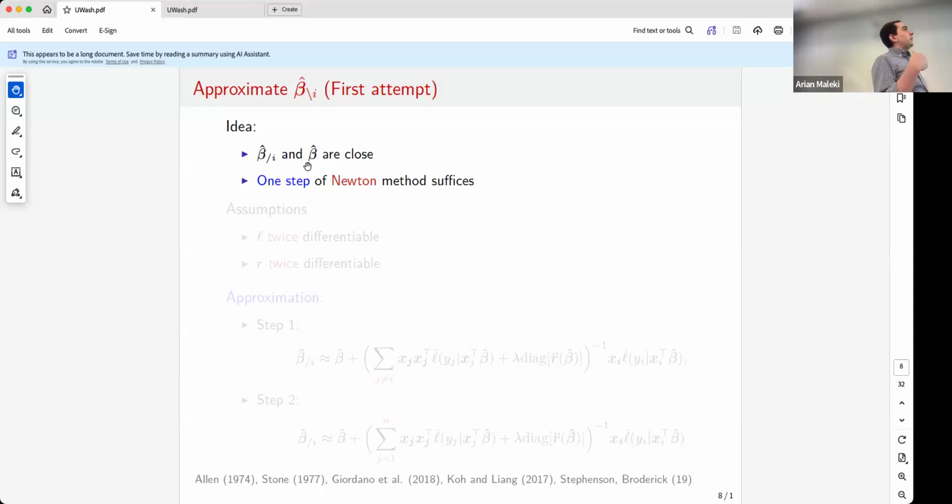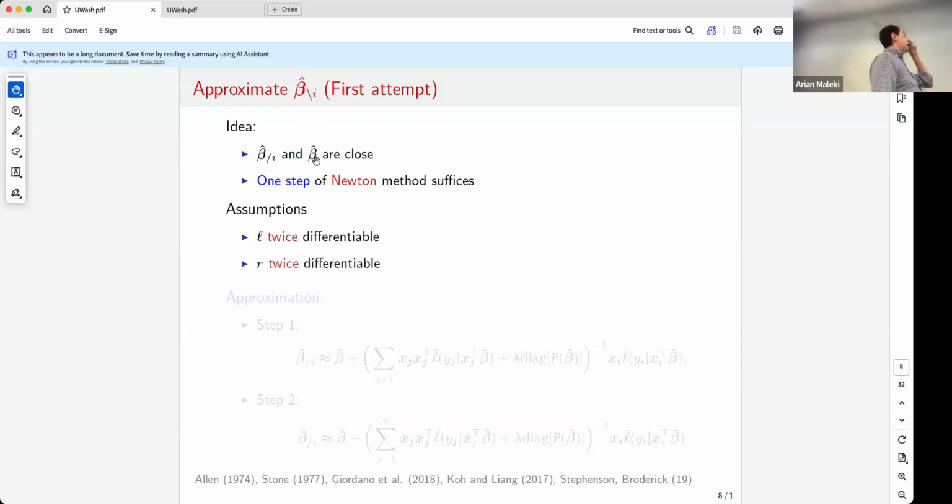So I can start a fast optimization algorithm like the Newton method, and since I know beta hat, I initialize it with beta hat. Then I just do one step of Newton because I know these estimates are very close. So hopefully one step of Newton is going to be sufficient. They suggested doing one step of Newton and stopping.